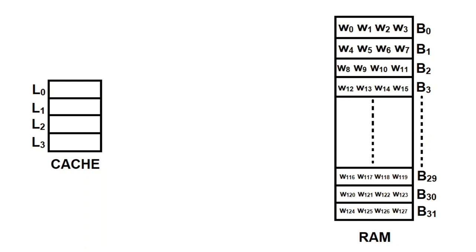We already discussed the concept of a word in paging. So each block has 4 words, and there are a total of 32 blocks. So inside RAM there are 32 into 4, that is 128 words in total.